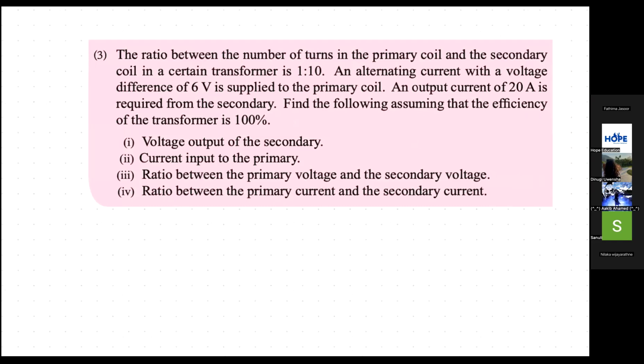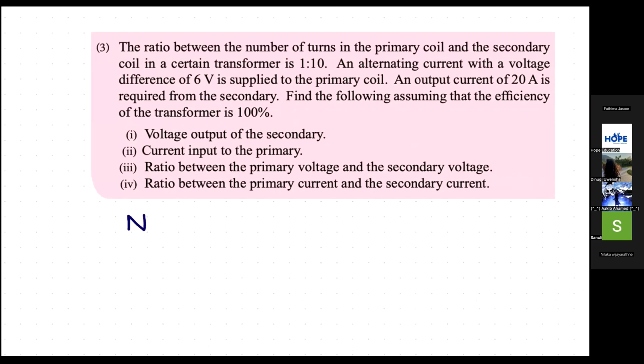Okay. So the ratio between the number of turns in the primary coil and the secondary coil in a certain transformer is 1:10.